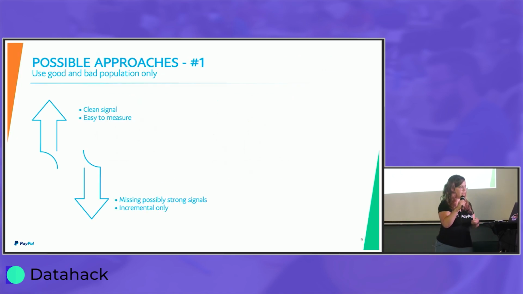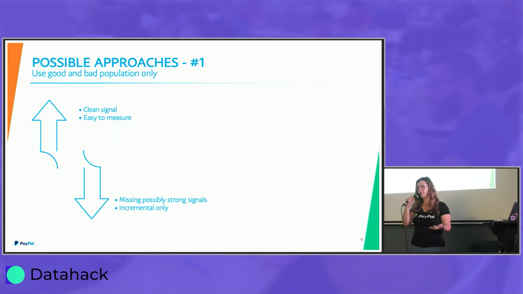This may be the trivial first approach that would come to mind: just ignore that population, ignore that big question mark, and focus on training our model over a good and bad population only, without that declines question mark population.